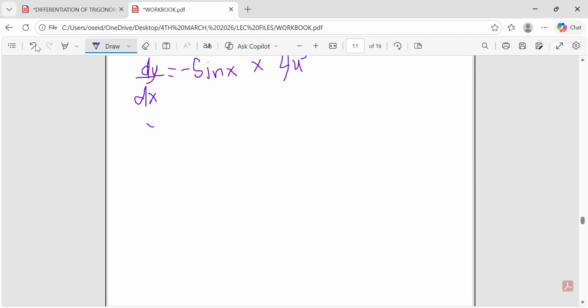So dy dx is equal to negative sine x times 4 cos x, bracket, exponent 3. So when you multiply.